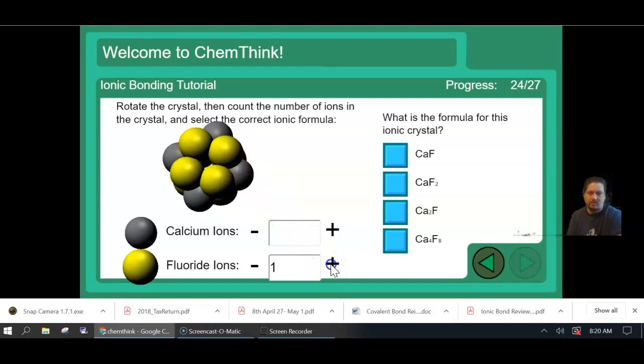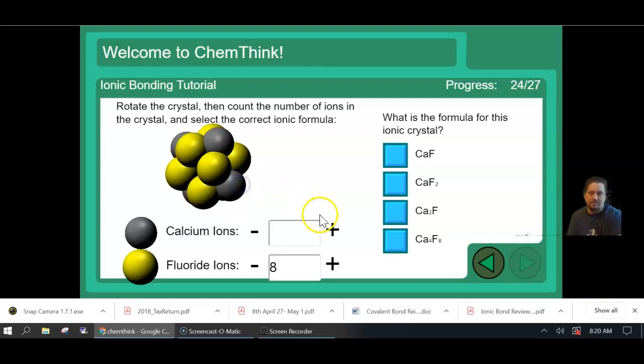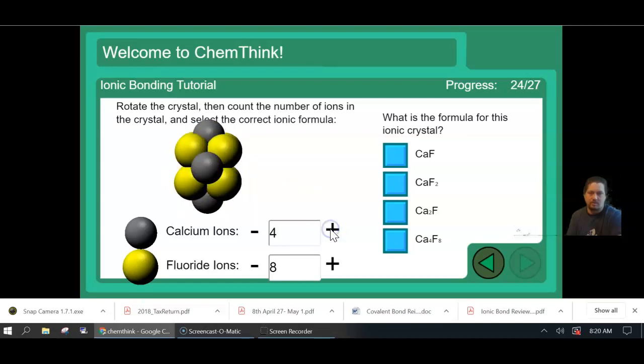So we have a total of 8 yellow, 8 chlorine, and I count 4 calcium. Right? Check it out. Looks good to me. That's the crystal, but that's not the formula though. Remember, we can reduce 4 and 8. Divide them both by 4. There.